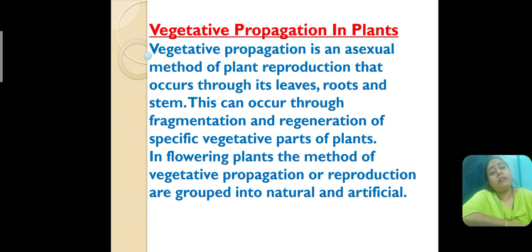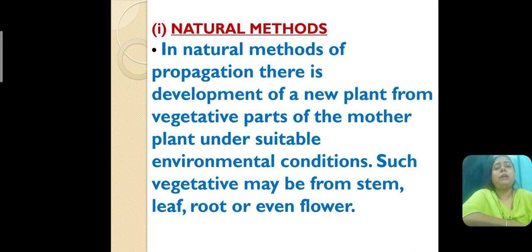Now, in flowering plants, the methods of vegetative propagation can be grouped into natural and artificial. The natural method of propagation is the one in which there is development of a new plant from the vegetative part of the mother plant under suitable environmental conditions.